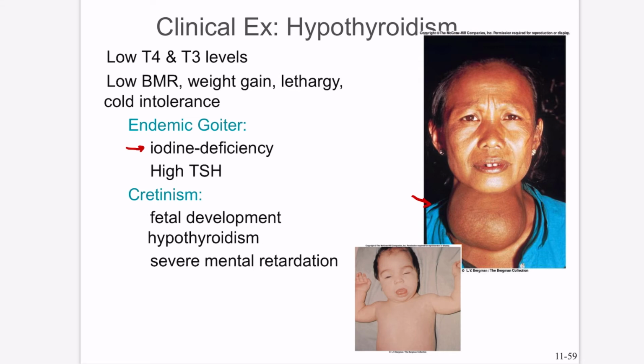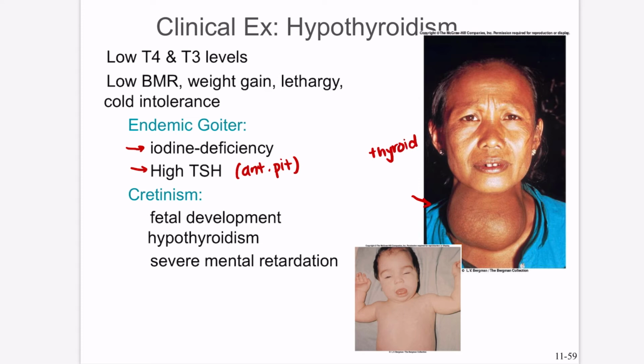And so the reason why a goiter occurs is because those follicles continue to want to produce T3, T4. There is an excess of thyroid stimulating hormone from the anterior pituitary, and this is going to cause an overgrowth of thyroid tissue.